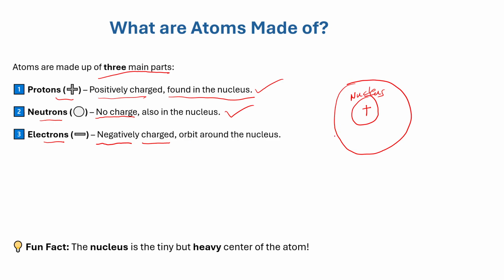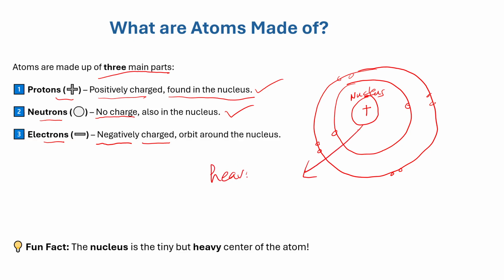So the nucleus is actually the heaviest part of the entire atom. Electrons orbit around the nucleus, but whatever amount of weight the electrons have, the nucleus's mass will be much higher than the total weight of the electrons.